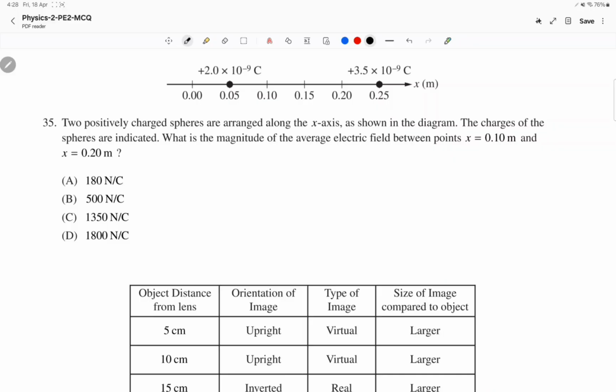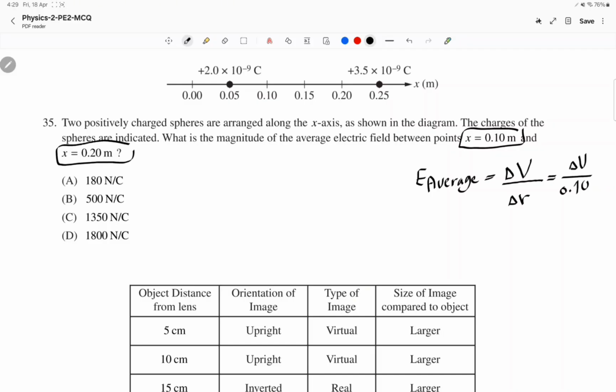Now look, if we're looking at the average electric field, we have to use the following equation: E average is equal to the change in the potential over the change in the distance. We're dealing with x of 0.10 and x of 0.20, so if you subtract them, you will get 0.10.